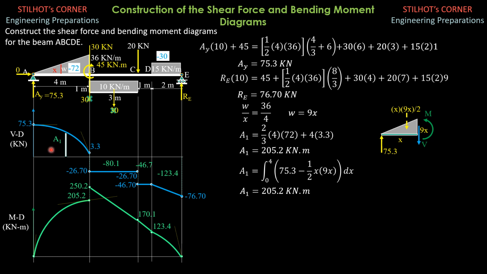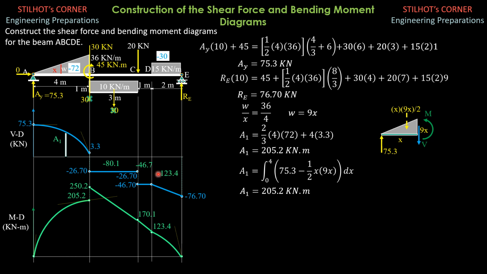Because it is a parabola, it is 2/3, base is 4 meters, height is 72 meters, where 72 meters is the difference between 75.3 and 3.3. In other words, this is the height of the parabola, 75.3 minus 3.3. Then plus the area of the triangle, 4 times 3.3, area 1 is 205.2.